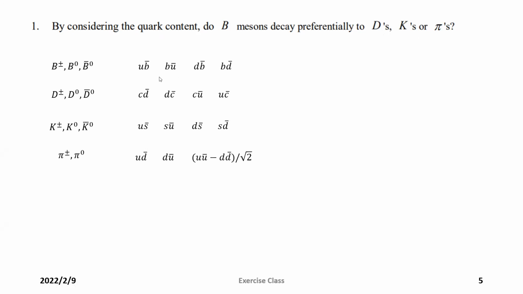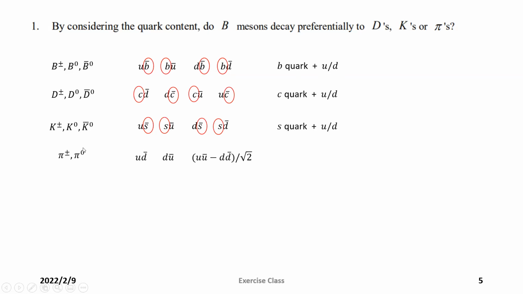If we look closely, you will observe that the B mesons all contain a B quark together with some U quarks and D quarks. For the D mesons, all of them contain C quarks plus some U and D quarks. Similarly, kaons are composed of a strange quark plus the U and D quarks.